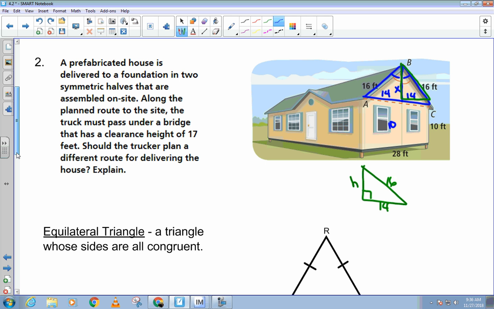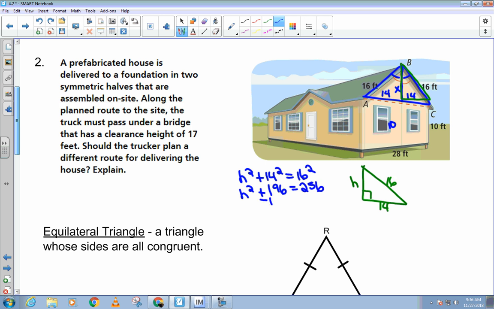So you do A squared plus B squared equals C squared. What's this? The A and B or the C? The A, one of the legs, right? The C is across from the right angle. So we're going to do H squared plus 14 squared equals 16 squared. Okay, so we have H squared plus 196 equals 256.